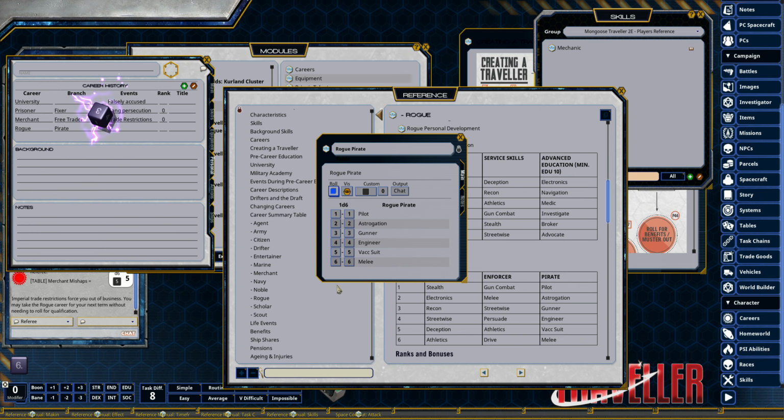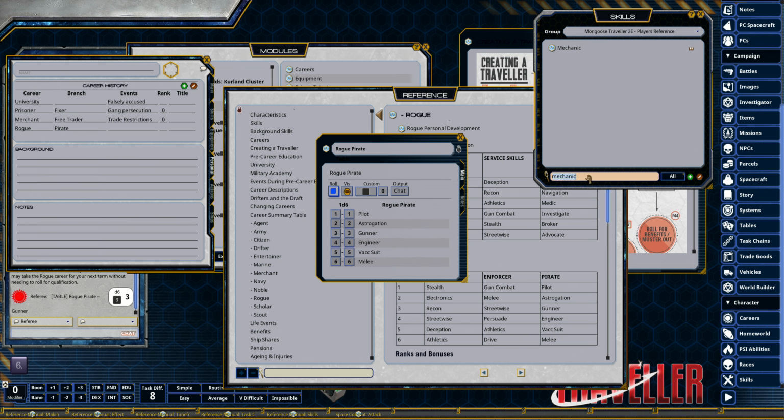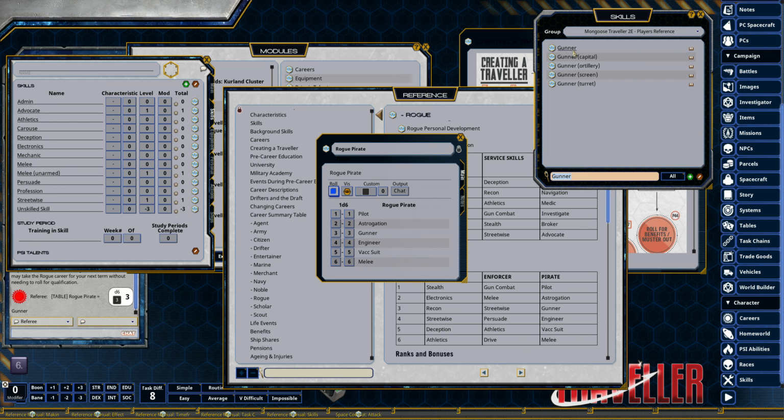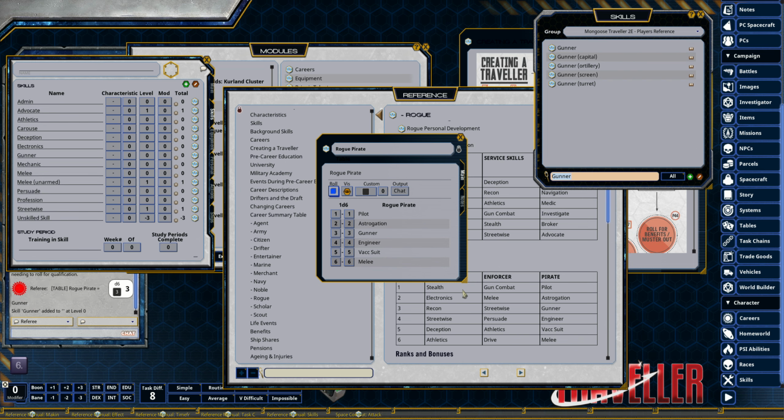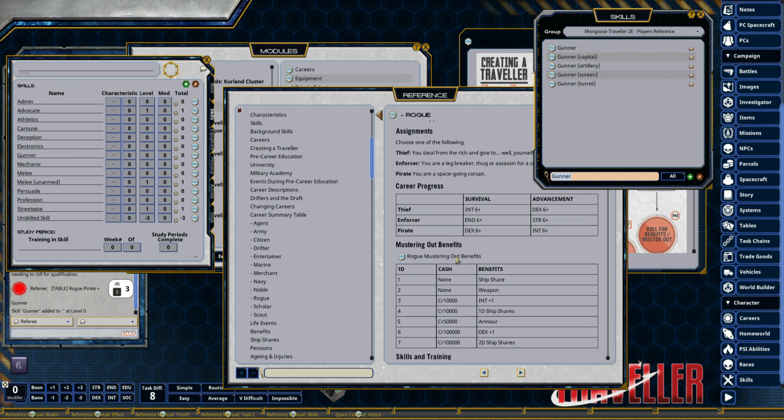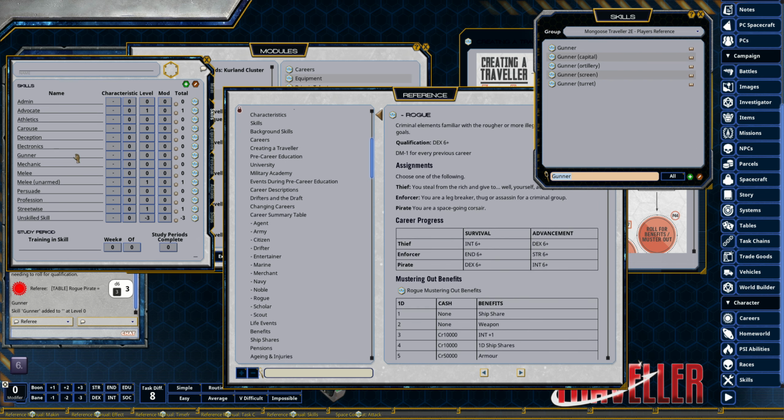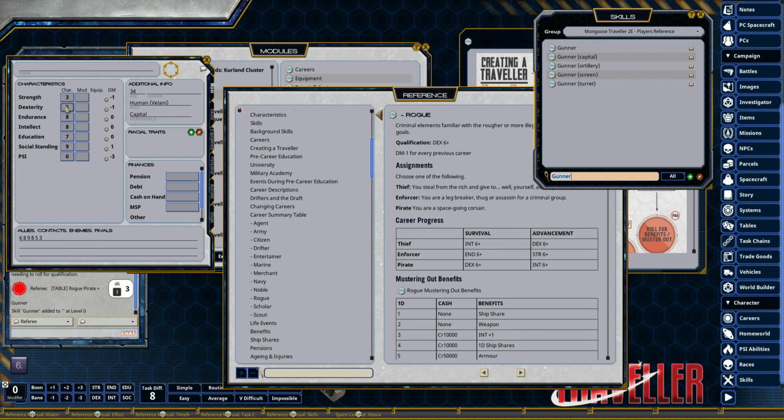What skill do I get? I get gunner. Hey, hey, hey. Okay. So of course, gunner's got all these specializations, but I just get gunner at 0. Now, do I survive? That's the question. I need to get a 6 or better on a dexterity check.